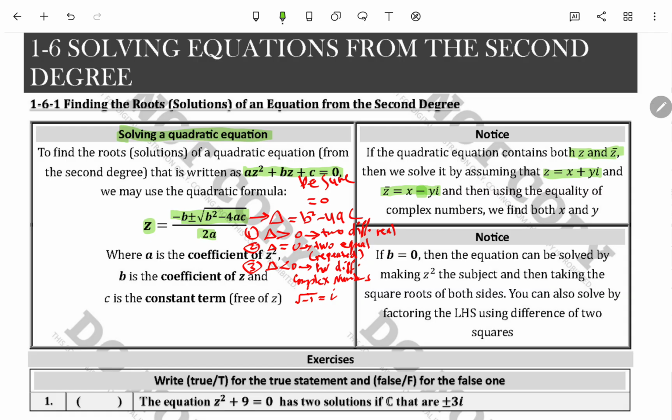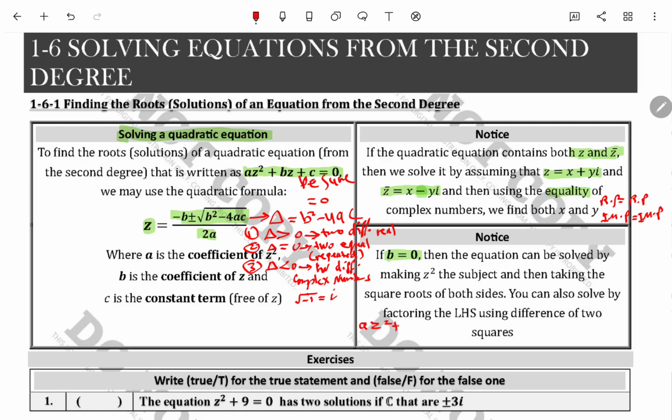Then you can equate real part from the left side with real part and imaginary with imaginary, like this. And that can help you to find the values of x and y, and this is the way to solve the equation.